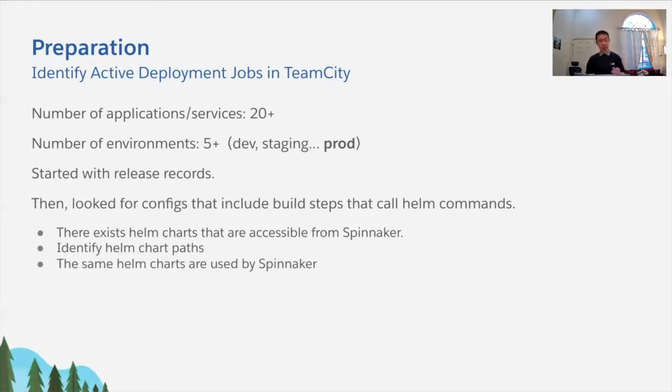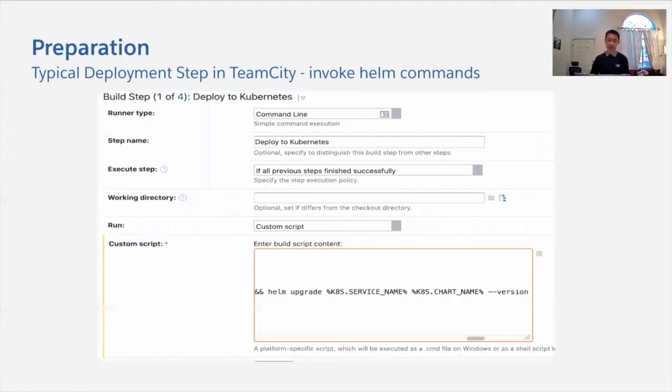We start with the release records, then look for configurations that include build steps that call Helm commands. Helm charts exist and are accessible from Spinnaker. Obviously, we then need to identify those Helm charts, as they will be used by Spinnaker as well.